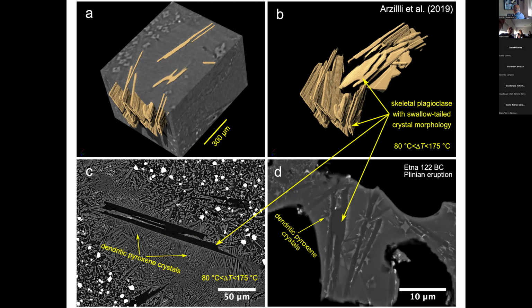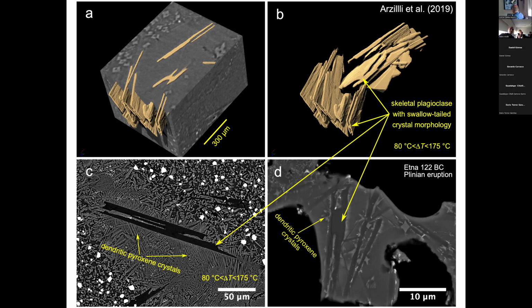You see that these skeletal plagioclase were formed at undercooling between 80 and 175 degrees Celsius, so very high undercooling, a very fast perturbation of the system. I'll show you this afternoon how these experiments were performed. And this dendritic pyroxene nucleated heterogeneously from the plagioclase. So basically, this is the experiment, and this is the natural case.